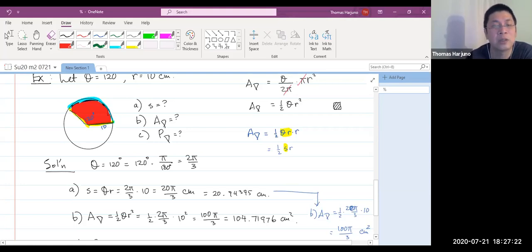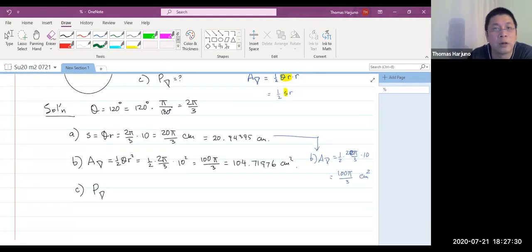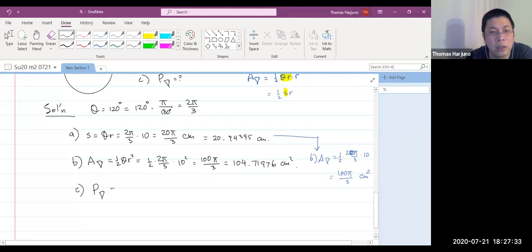So the perimeter of this sector will be twice the radius plus the arc length. 2 times 10 plus 20 pi over 3, that's 20 plus 20 pi over 3 centimeters. That will be 40.94395 centimeters.